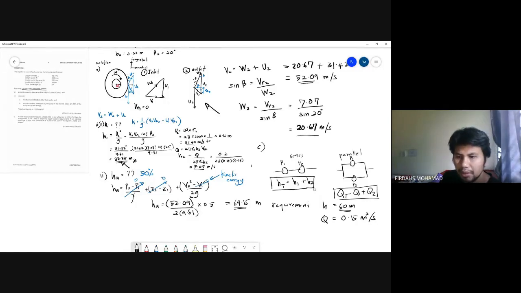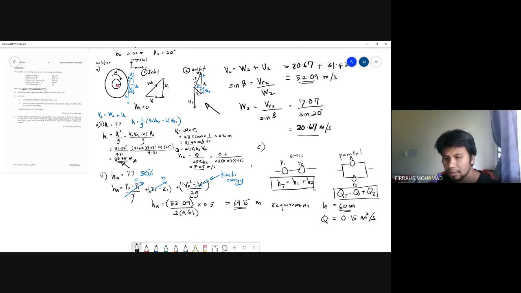Sebab apa in series? Because we want to double the total head. Instead of 38.38, now we can get more than 60, which is 76 meter. So the answer is we need to install these two pump in series so that the total head will be double from the design requirement.